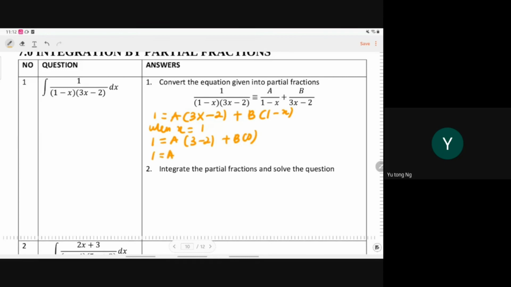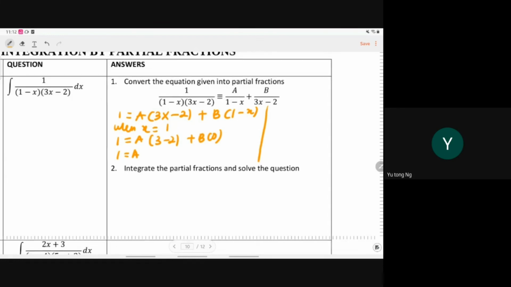So that is your A. Okay, ni dalam chapter 1. Tolong ingat balik. Okay, so kalau your B, when your X equals to 2 over 3. Okay, so 1 equals to A kosong plus B(1 minus 2 over 3), which is 1 over 3.